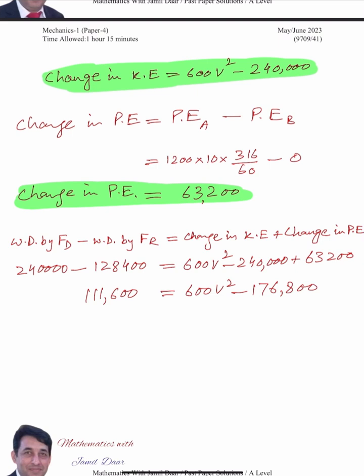So 600 V square is equal to 111,600 plus 176,800.